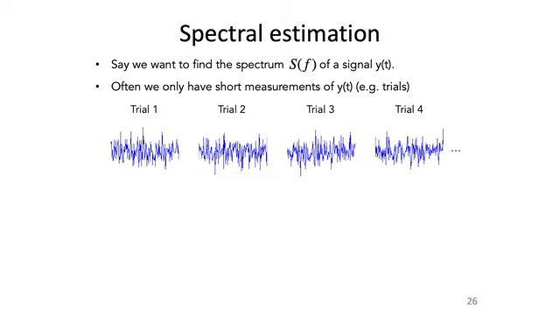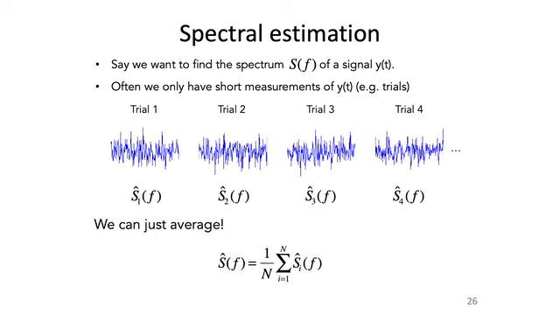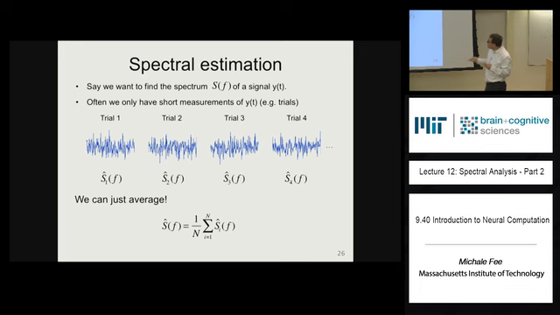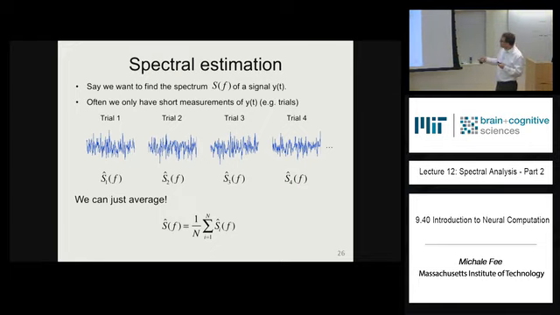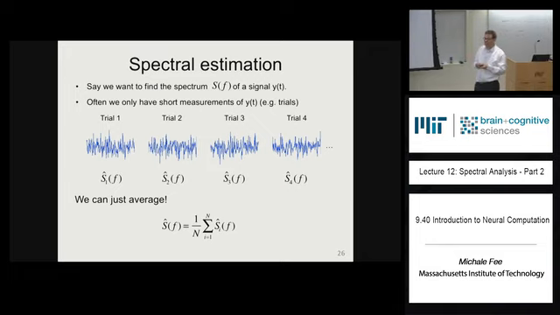Okay? In this case, I've called them 4 trials, a bunch of trials. What you can do is calculate the power spectrum for each of those signals. So this is a little sample y of t, y1 of t, y2 of t. You can calculate the square magnitude of the Fourier transform of each one of those samples, and you can estimate the spectrum of those signals by just averaging together those separate independent estimates.